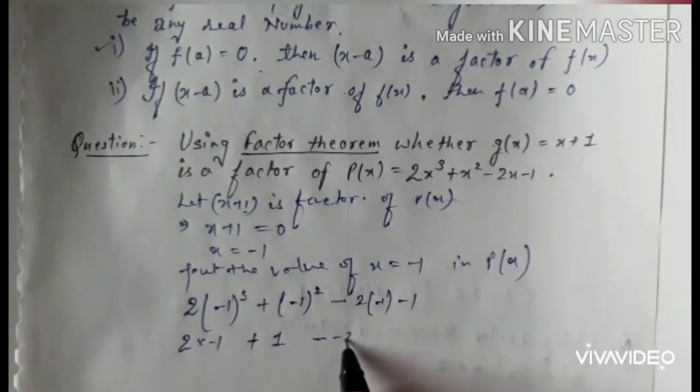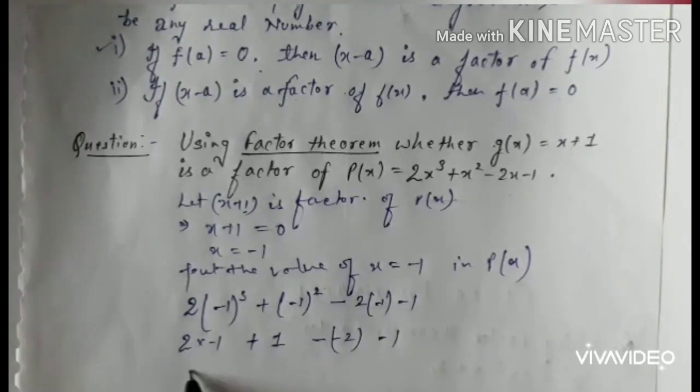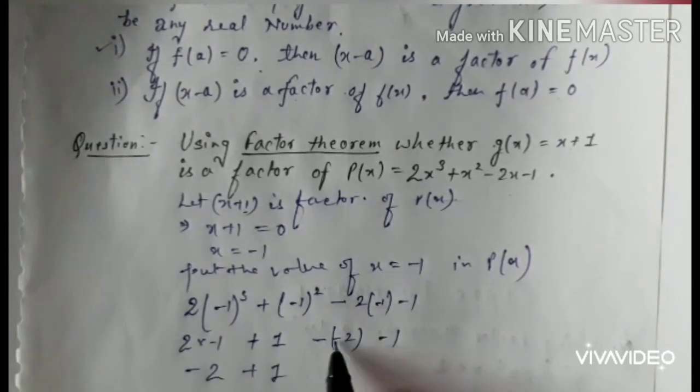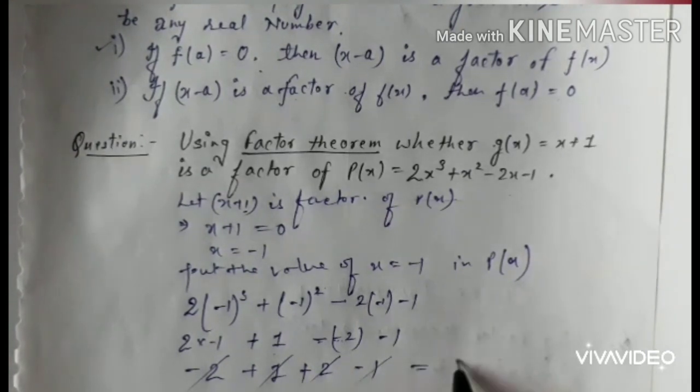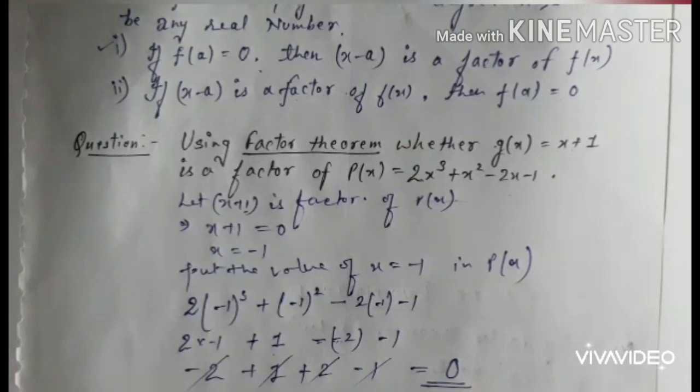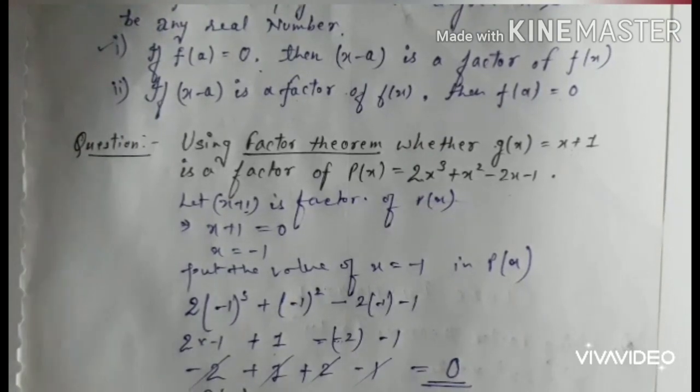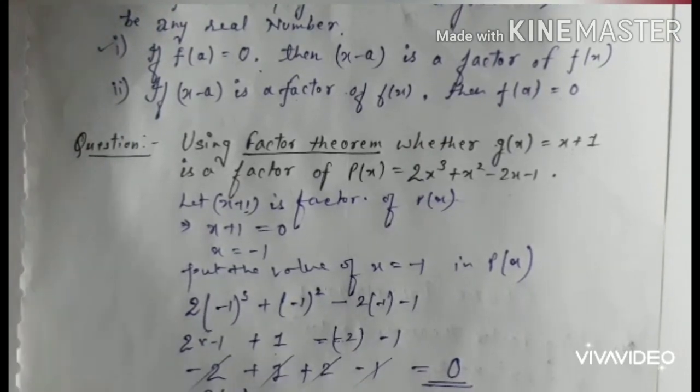Minus 2 and plus 2 cancel out, plus 1 and minus 1 cancel out. That means we get 0, so p(x) equals 0.